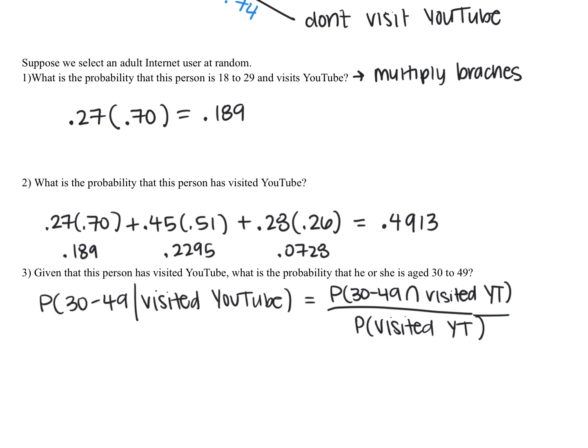My numerator is the probability that you're 30 to 49 and visited YouTube, which in our previous example was the 0.45 times the 0.51. So I have 0.2295 over 0.4913, which gives us 0.467.